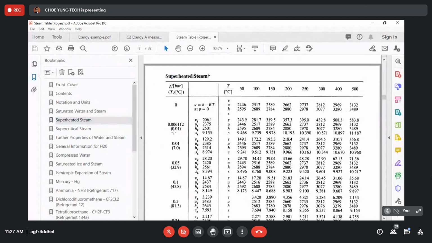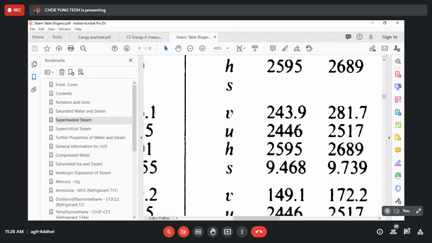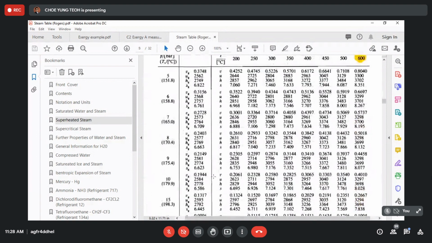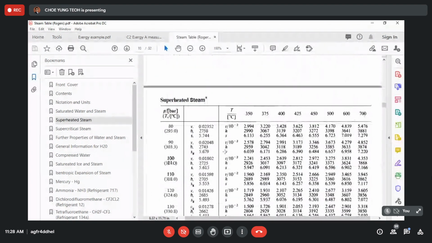Okay, in the bracket is the saturated temperature, and at different temperatures you will have different V, specific volume, U, internal energy, H, enthalpy, and S, entropy. Okay, so refer to this, you can get all information from here.